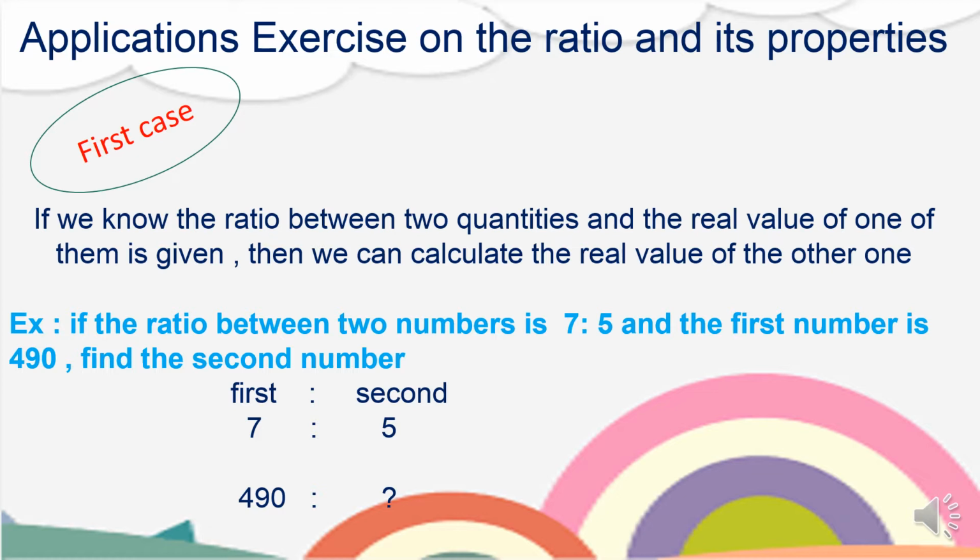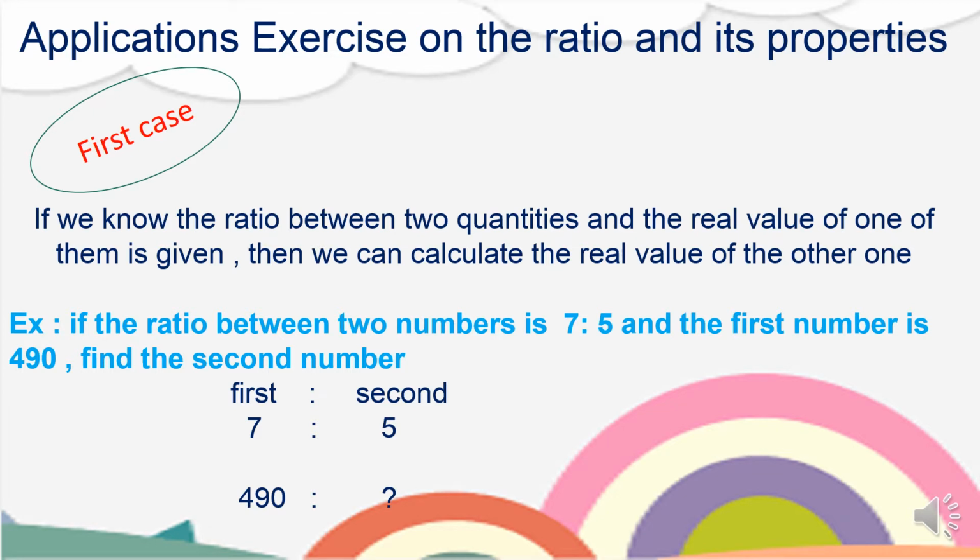Okay? And these parts are equal. So when I get the value of one part, I multiply it by the number of parts in the second number to get the real value of the second number.